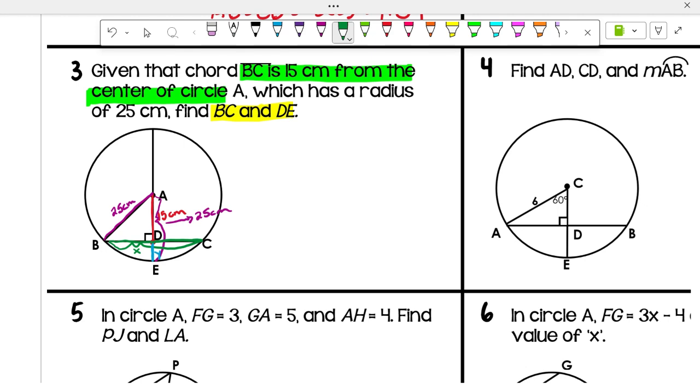What do you guys think? Which one's the easiest to find? Come on, guys. This one's obvious. Y is the easiest to find. Why? Why is it easiest to find Y?